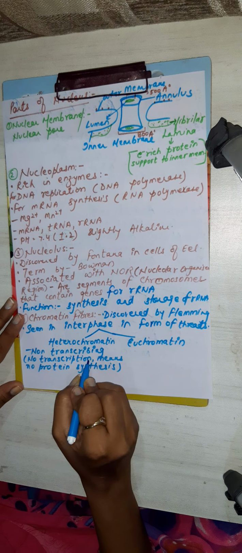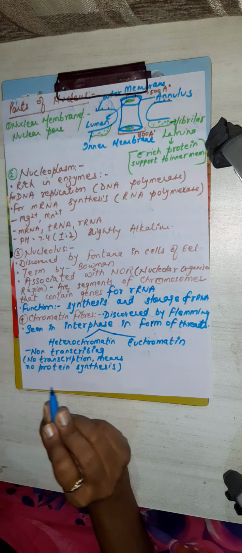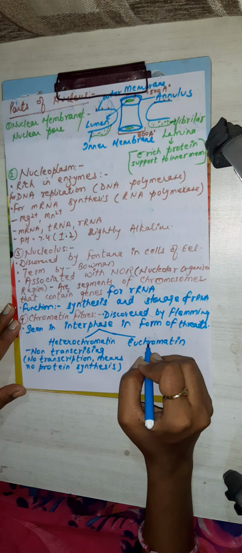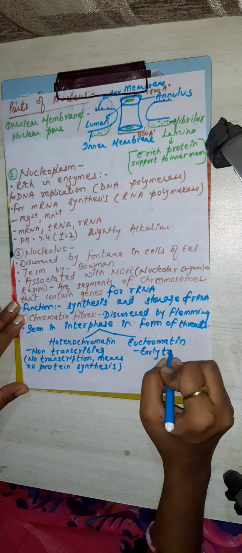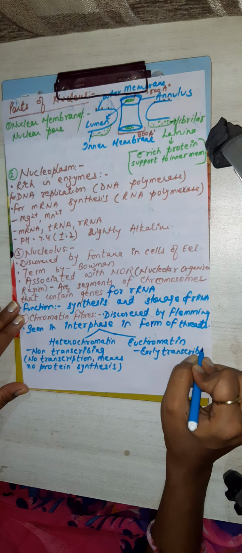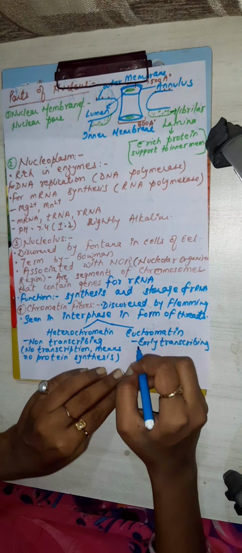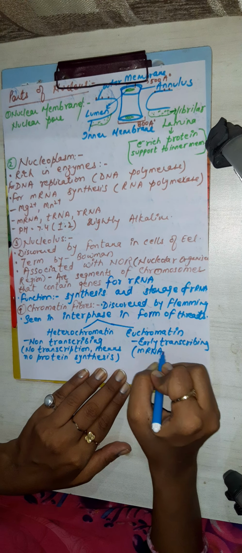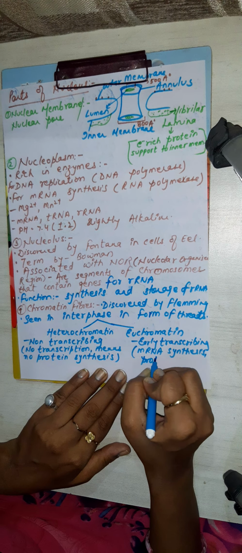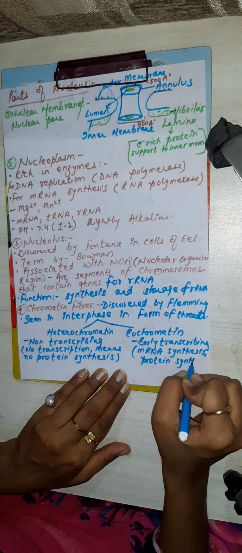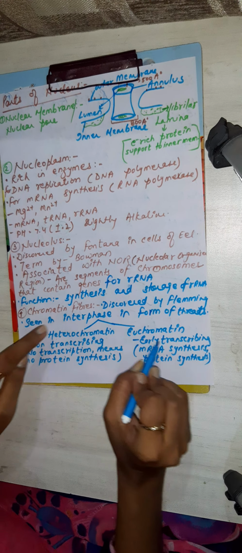No transcription means write it down here: no mRNA. DNA makes RNA, RNA makes protein. So euchromatin is early transcribing. mRNA synthesis takes place, mRNA synthesis and protein synthesis. These are the two parts.